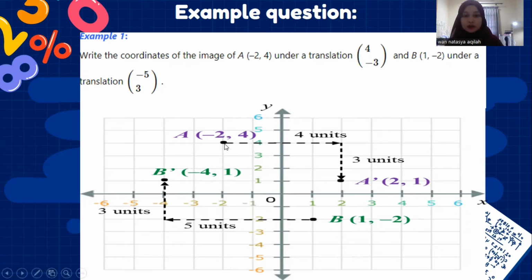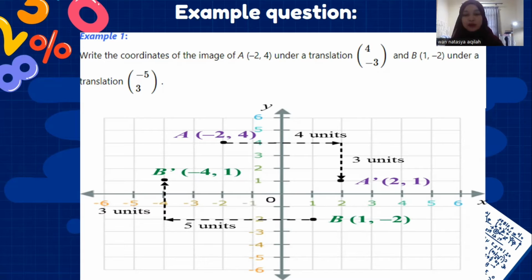So we just move the point 1, 2, 3, 4, and -3, which is 1, 2, 3. So we get the image (2, 1). It is very easy because we know the translation vector. If we recognize what is the bottom and what is the top, we can translate easily.